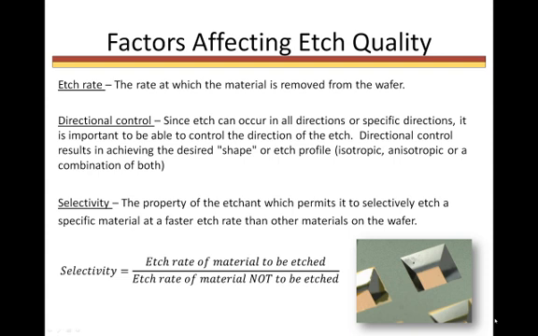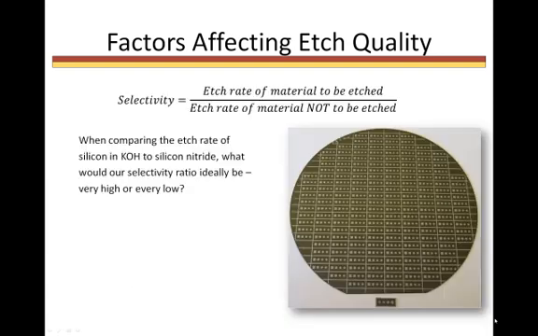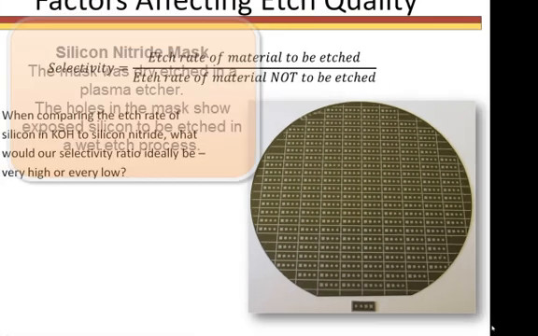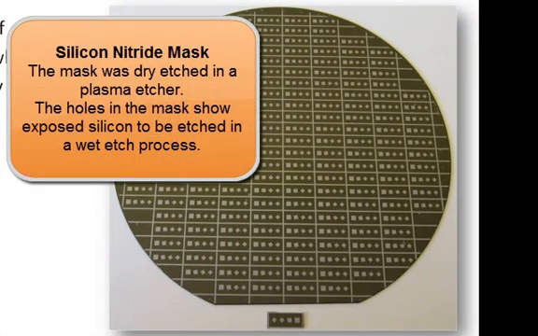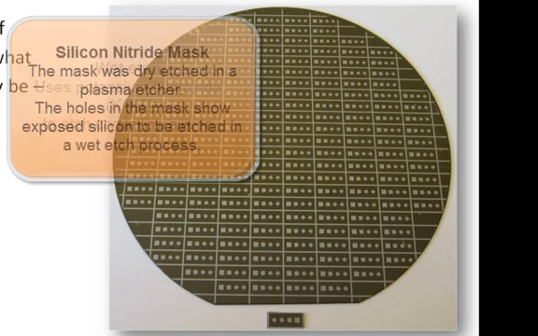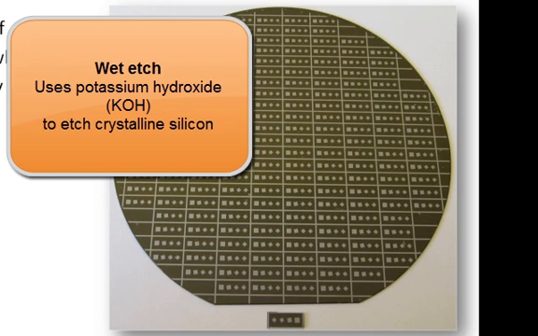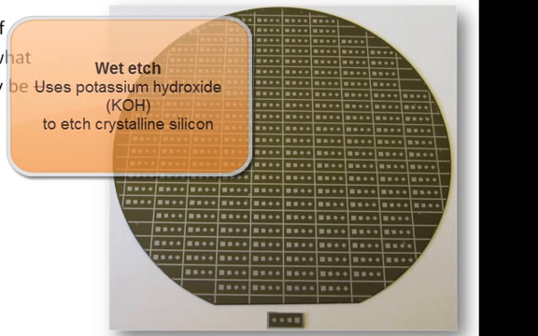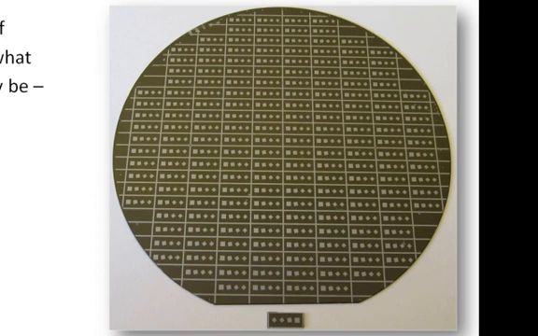So to make sure that you understand selectivity, I have a question for you. You saw this picture previously, and I mentioned that it was an etched silicon nitride mask that would be used in a wet chemical etch to etch exposed silicon. The wet etch process uses potassium hydroxide, or KOH, to etch the silicon. This particular etch process can take up to 4 hours.